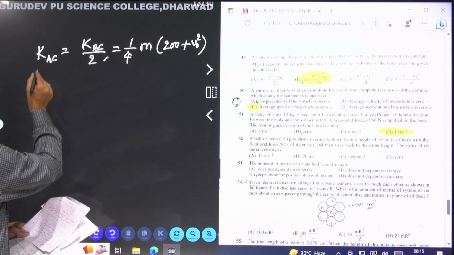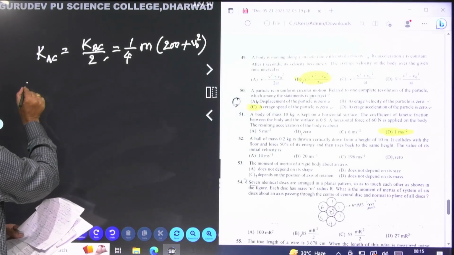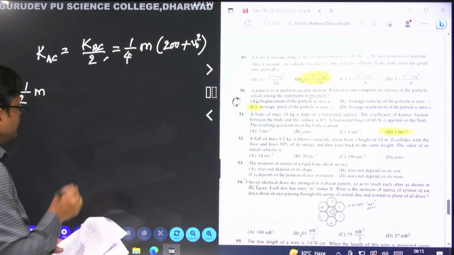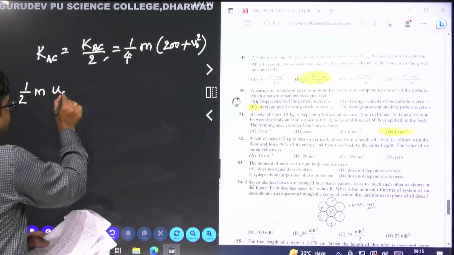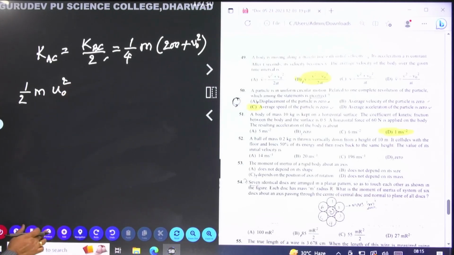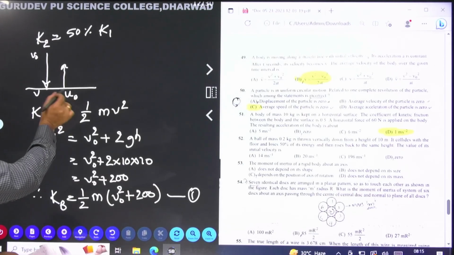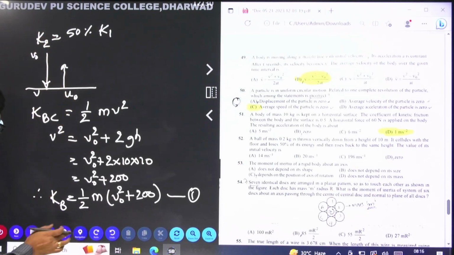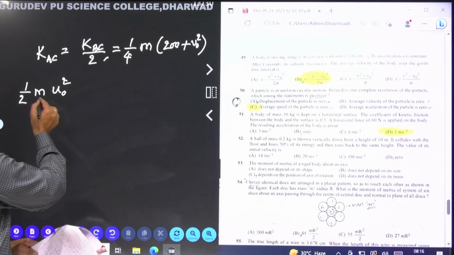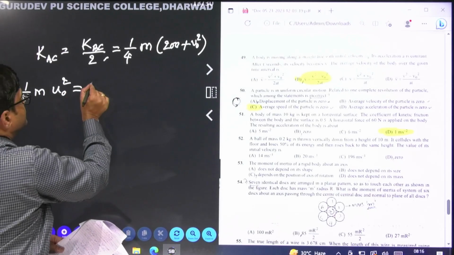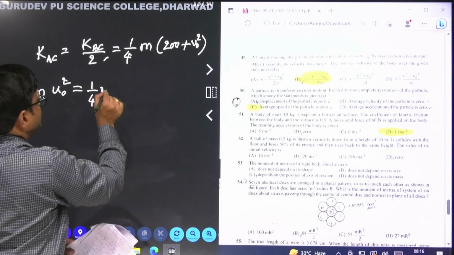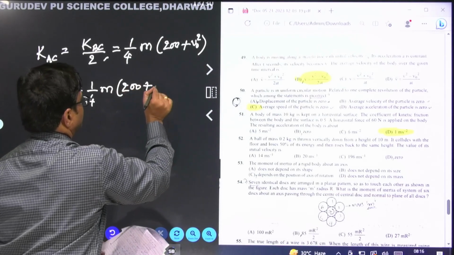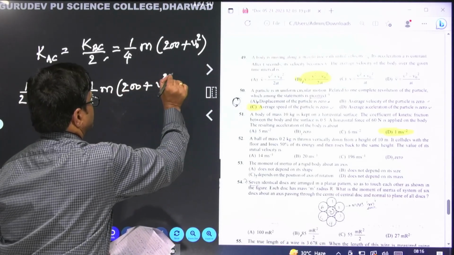But what is kinetic energy after collision? This will be half m into u naught square. Previously I had told you that the velocity with which it will rise above the ground is u naught, so that u naught I am using here. So half m u naught square is equal to 1 by 4 m into 200 plus v naught square.